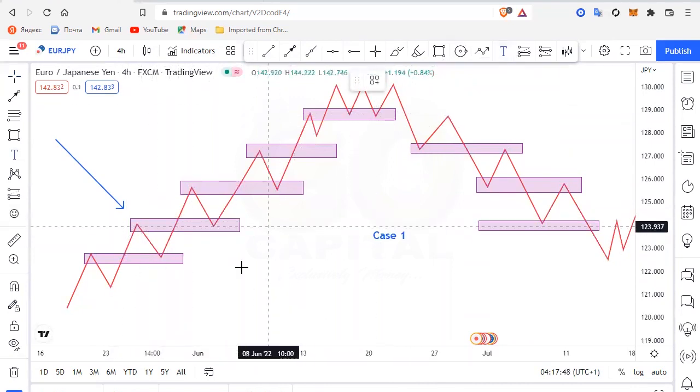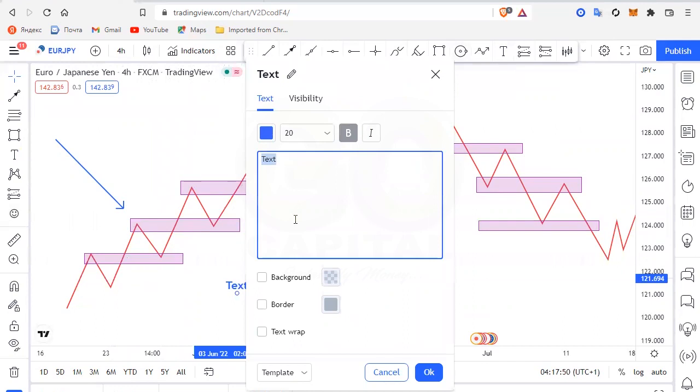So let me write it here so you can see. Case 1, uptrend. Consider previous highs.